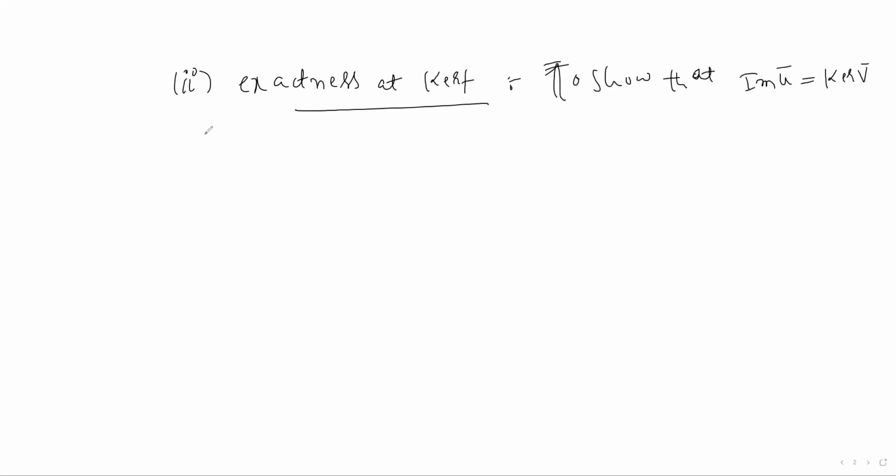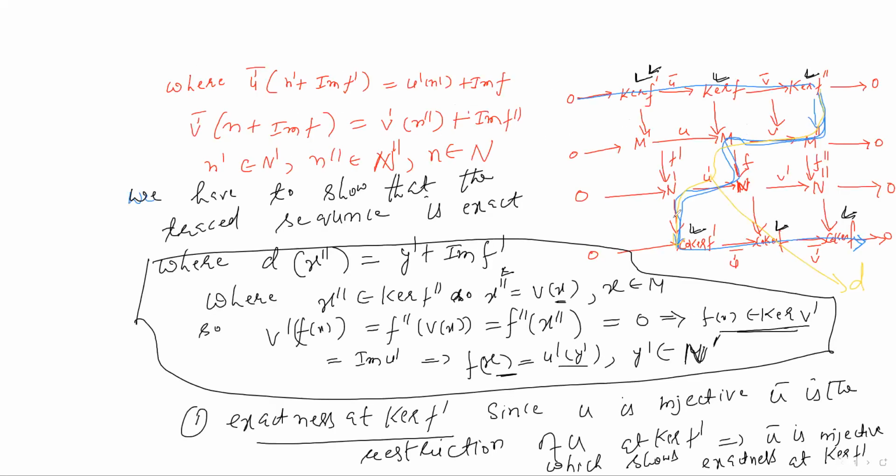So let x belong to kernel of v bar. So this means x also belongs to kernel of v because v bar is the restriction of v. And kernel of v is same as image of u by exactness. So by exactness of this row.